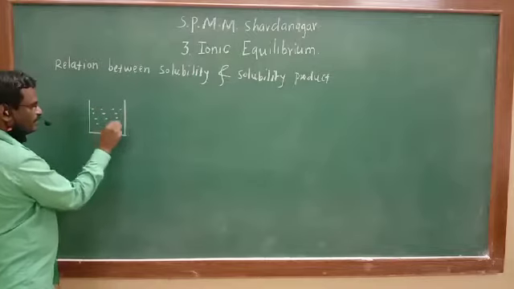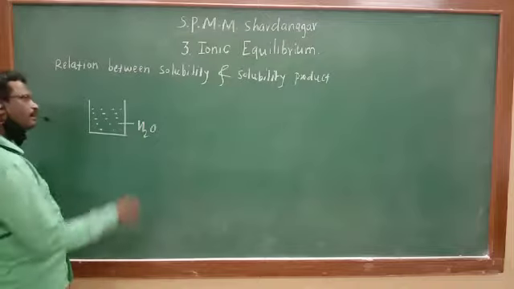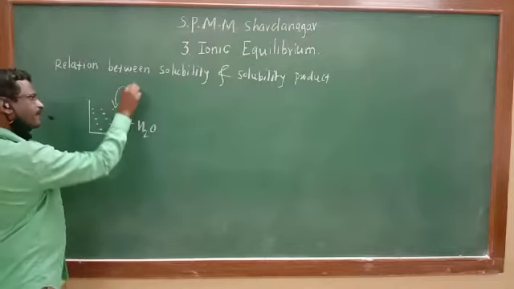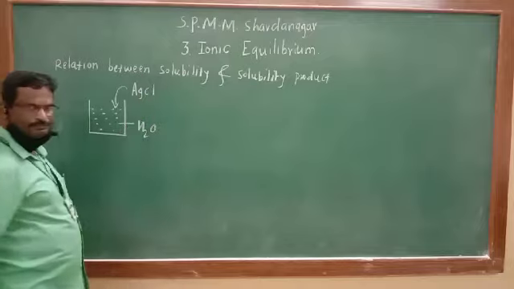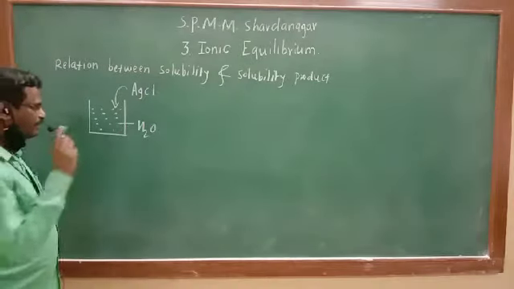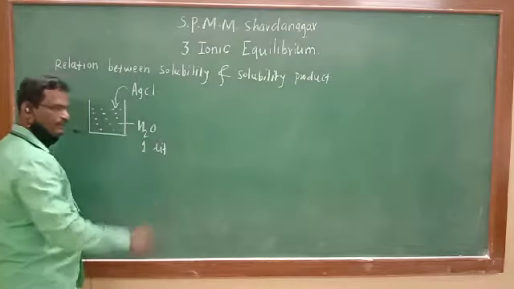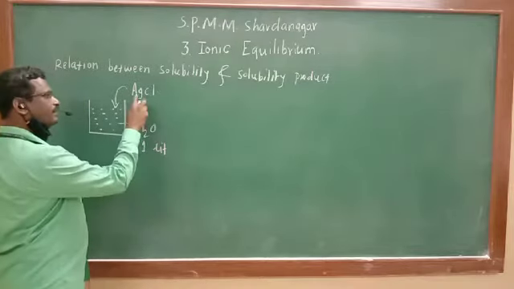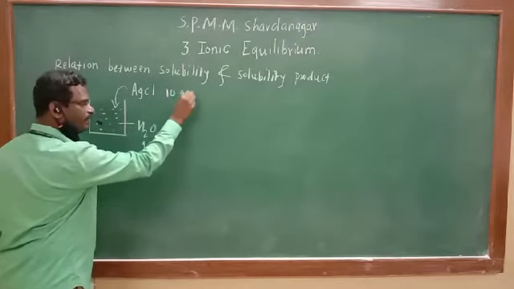Suppose here is a solvent, water, we have taken. To this water, a sparingly soluble salt, silver chloride, is added. Let us consider the quantity of water we have taken is 1 liter and the quantity of silver chloride added is 10 gram.